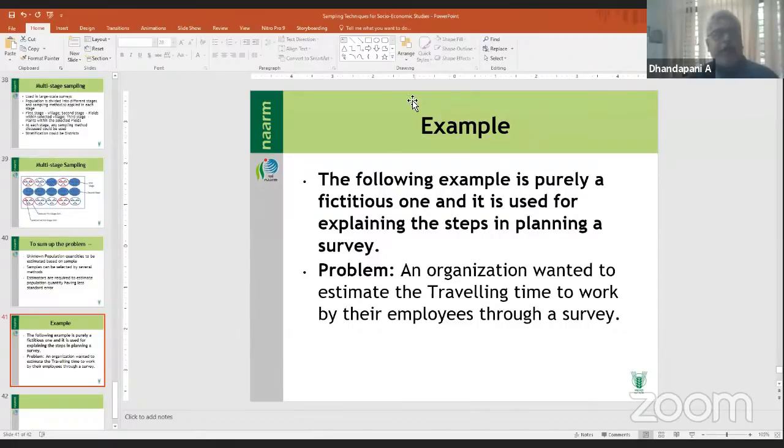So I'm stopping the sharing. Now, I think it is a question and answer session. Yes, sir. Shall I ask, or do you want to have the question and answer in the latter half? No, there are many questions. We can have maybe up to 12. I can spare another 10, 15 minutes.